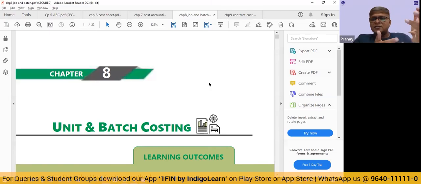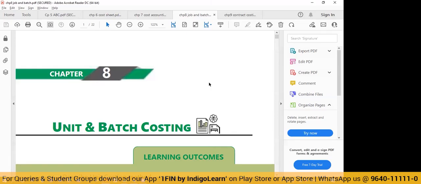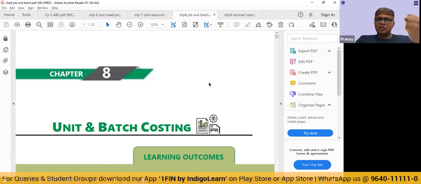See, cars, bikes, etc., they produce per unit. Each car, 1 car, 2 cars, 3 cars, 10 cars. But if they are doing medicines, tablets, they have to do it in batches. So when they are doing it in batches, we accumulate all the cost for the batch and then divide by the units in the batch. That is the batch costing method.